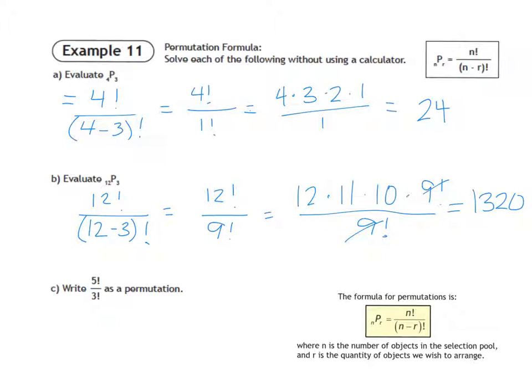But what is n if this is what we are doing? n is 5, right? So it's going to be 5 pick something. And what is it that you're picking? 2, because 5 minus 2 is 3. And that's what we want on the bottom, n minus r. So 5 minus r must be 2 to get 3.